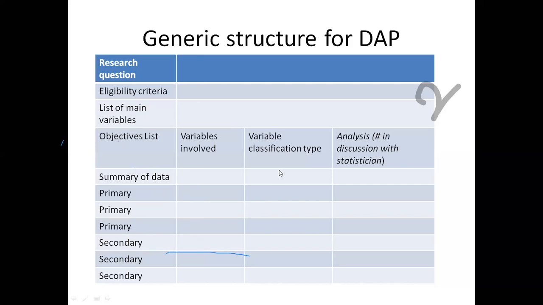The next part is where you classify those variables, which we discussed earlier in the beginning slides, either by statistical classification or based on the roles they play in the research. And then when you have this table, you can actually sit with the statistician and discuss: these are my objectives, for each of these objectives these are the variables that are involved, and for those variables this is the role that I expect them to play in the research, right?